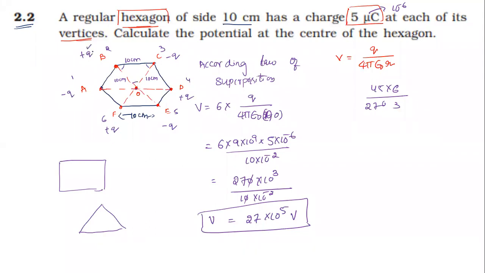How many positive are there? 3 positive and 3 negative. 3 positive will give positive potential and 3 negative will give negative potential. So the total potential, since it is a scalar quantity, becomes 0. You need to think in this way also, because they can give you the question in any way.